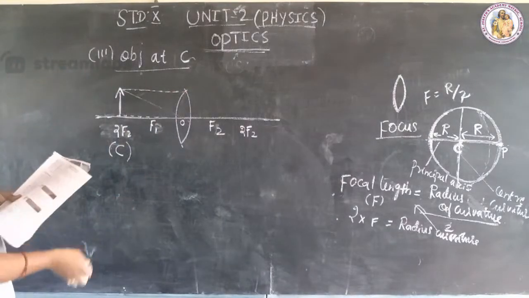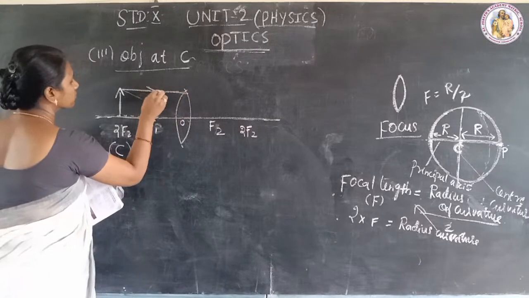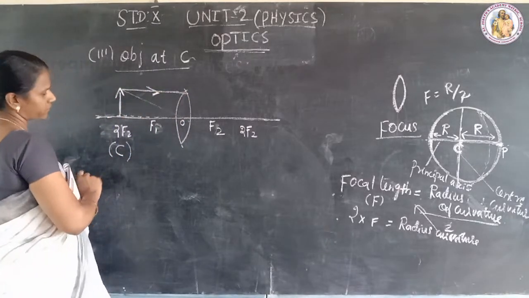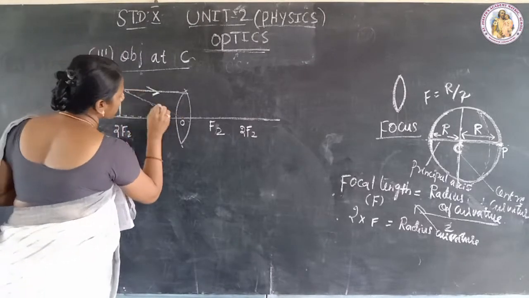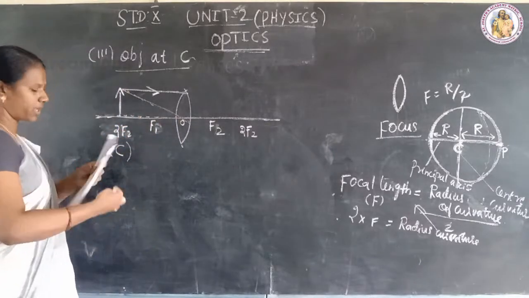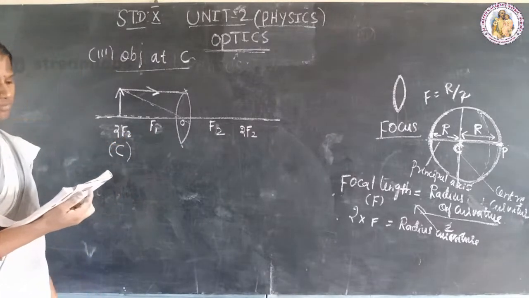One ray which is parallel to the principal axis, and another ray which is passing through the optical center O. So here what happens after refraction?